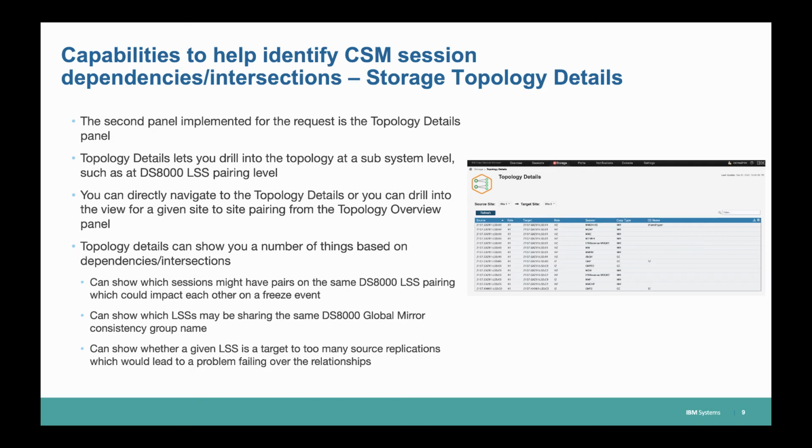And then you may be able to debug other situations where maybe you have too many LSSs replicating to a target LSS. So you could set it up so that there's 10 source LSSs all pointing to the same target LSS, and that could cause problems if you do a failover, because there's a limit on the number of paths that can be replicated back to the original site.